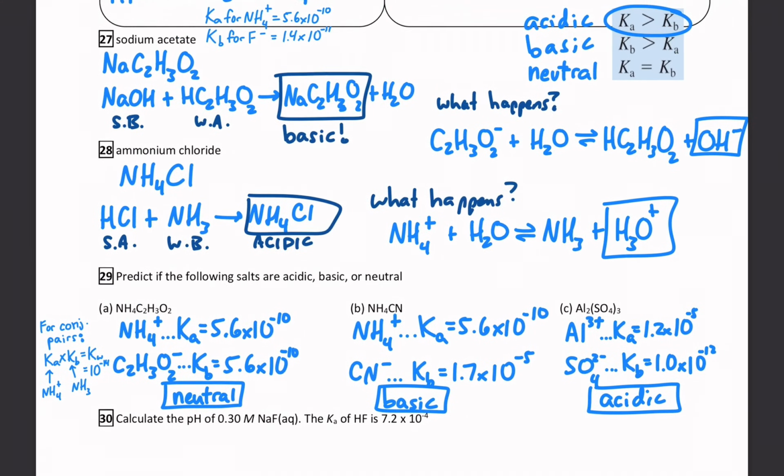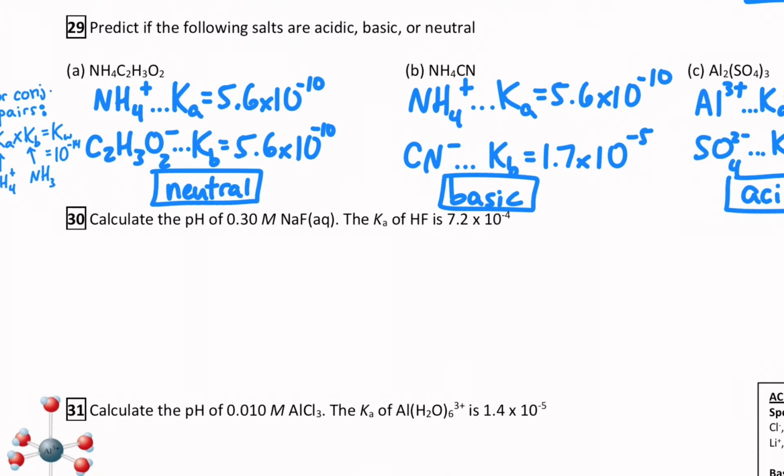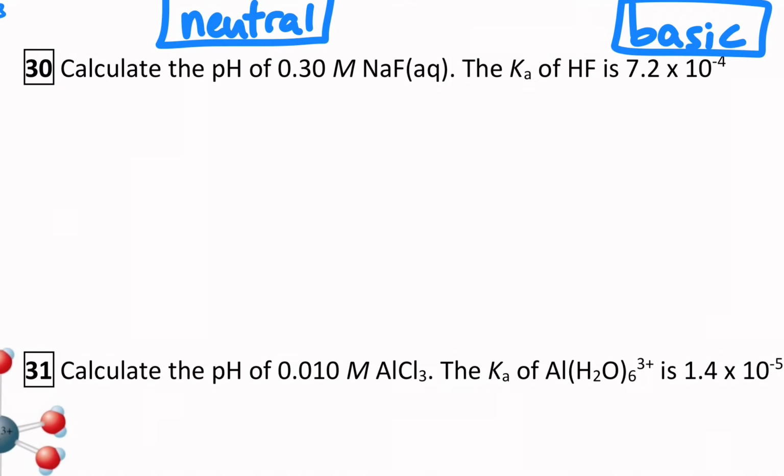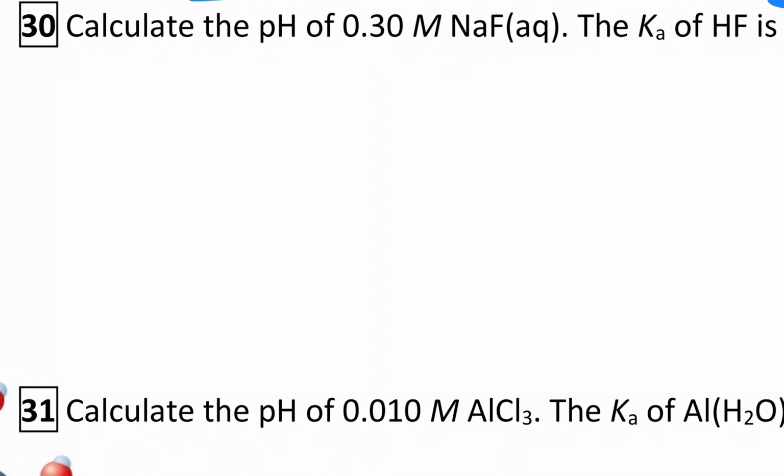Alright, so that's how we determine if a salt is acidic, basic, or neutral. What's left is to calculate what actually happens when we have a solution of one of these things. So let's say I have a 0.3 molar solution of sodium fluoride and I want to know its hydrogen ion concentration. Well, what's really happening in a sodium fluoride solution is I have sodium ions and I have fluoride ions.